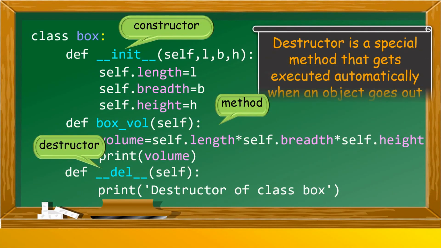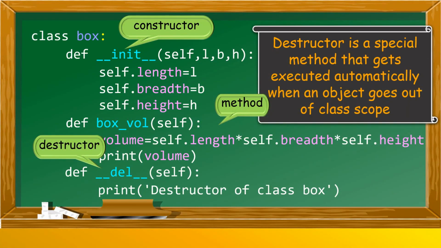Destructor is a special method that gets executed automatically when an object goes out of class scope. In other words, destructor is a special method that executes automatically when the execution of the program comes to an end. The work of the destructor is to release the memory of unused objects.